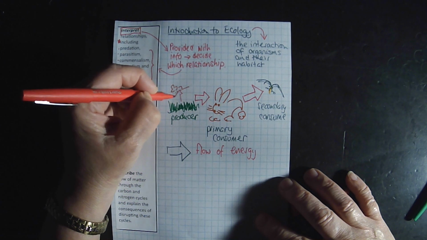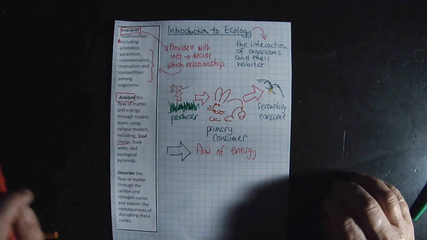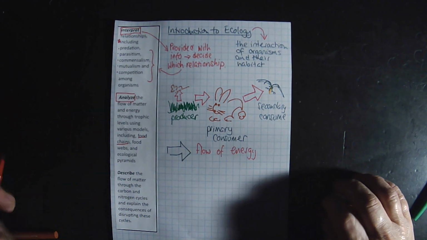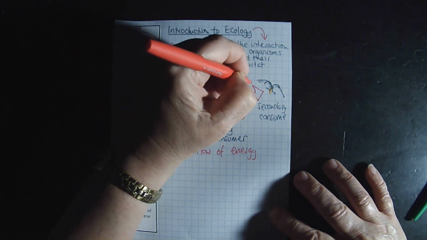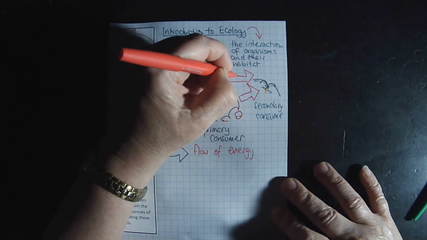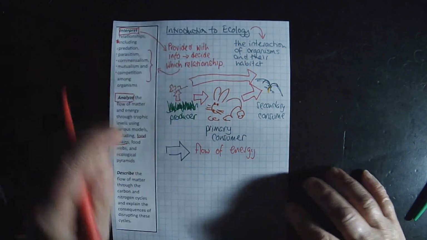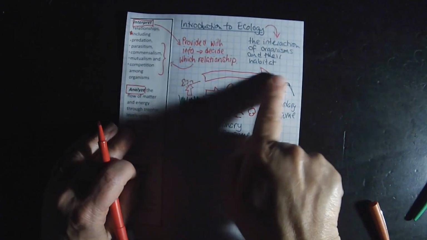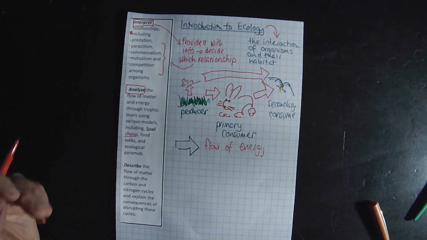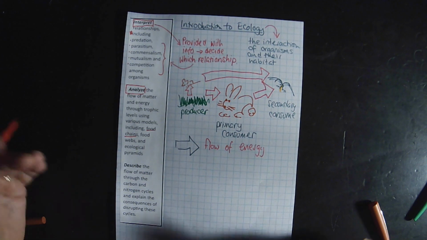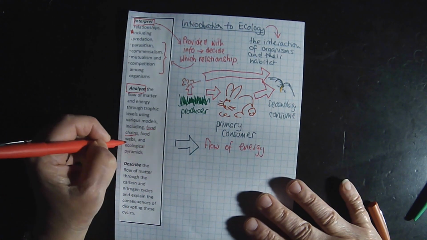So now what we have is multiple food chains. And you know what? That hawk is definitely going to try and eat a mouse if it sees it. So energy from the mouse goes to the hawk. So now what we've got are multiple food chains, and we call that a food web.